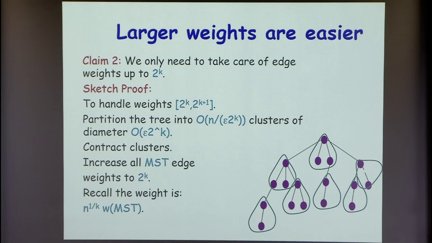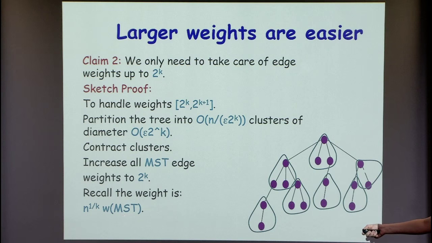Okay, so let's see what's the weight of the new MST. The weight of the new MST is the number of nodes times 2^k, which is again roughly O of n. So we didn't change much the weight of the MST. It stays almost the same. Actually, we increase it a bit to be n over epsilon, but let's ignore the epsilon factor.